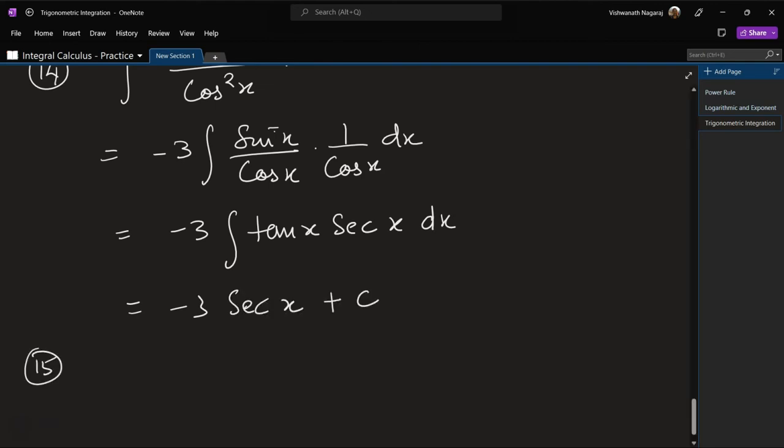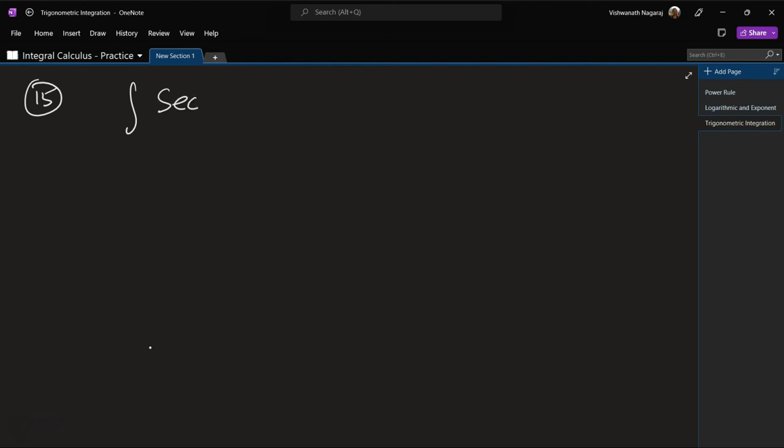The 15th one, integral of sec x dx. Okay, now this is a bit tricky. You have to look at the derivatives of various trigonometric functions and see where sec x appears. It usually appears in sec x and tan x, right?